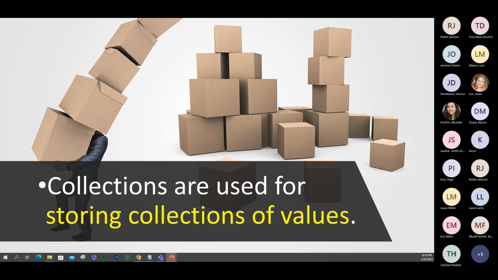If you're storing fragile materials, you want certain kinds of boxes. If it's something really heavy like an engine block, you want something more robust. Generally in programming, or in Swift, they are called collections, and they are used for storing collections of values. So I can store 6 different glasses or tumblers for drinking water, wine, or whatever.